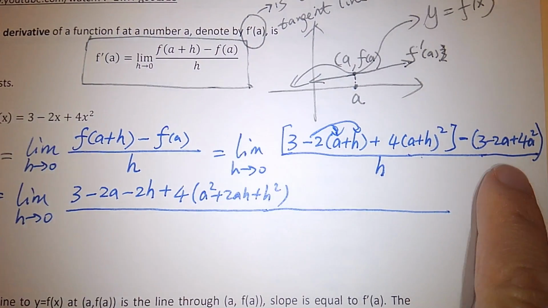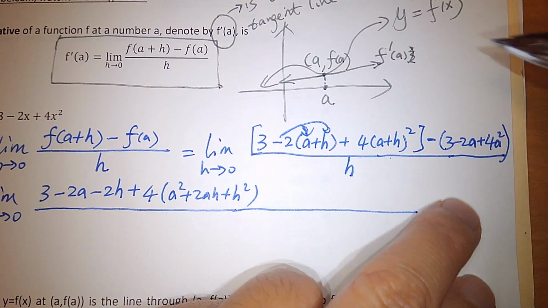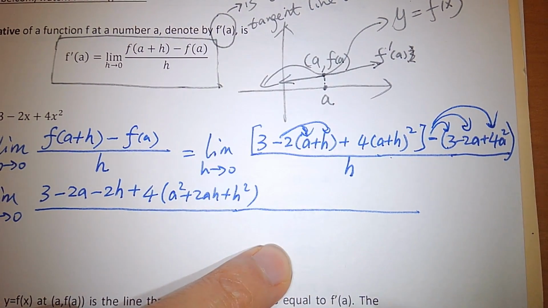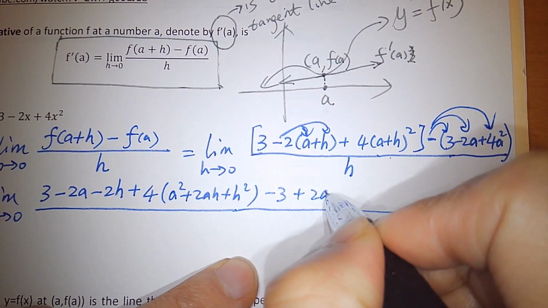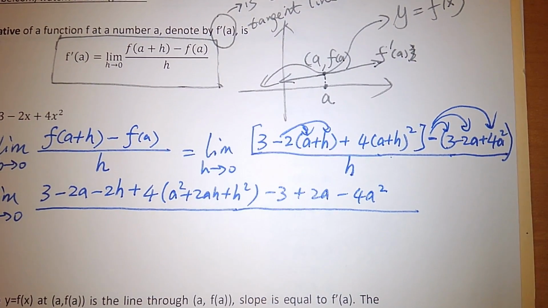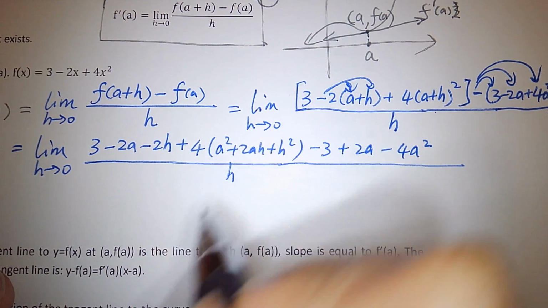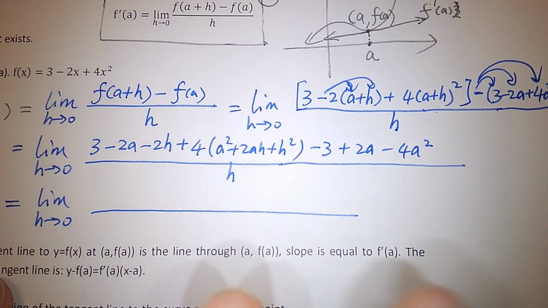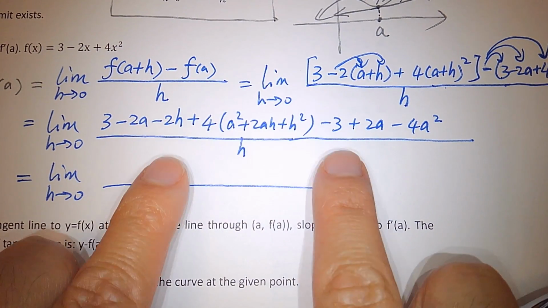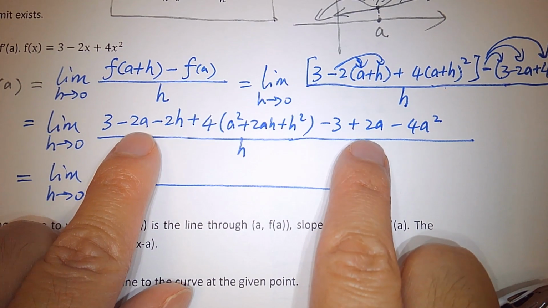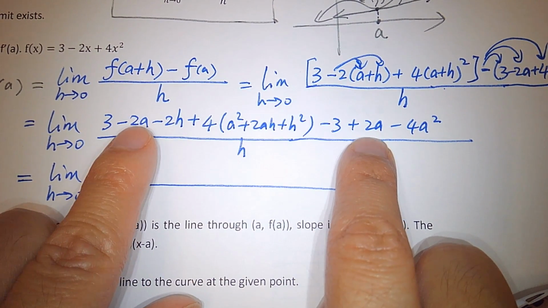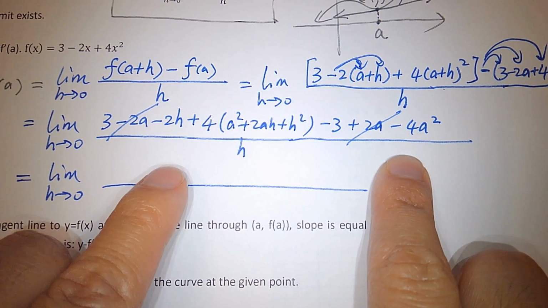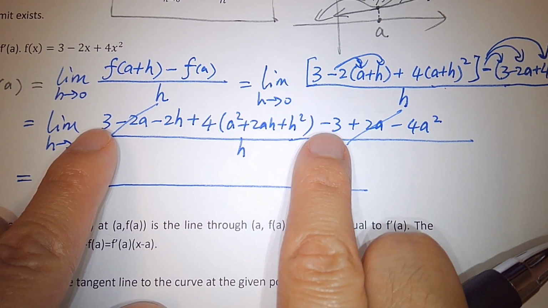And then minus this, so distribute the negative 1 to each term inside the parentheses, giving negative 3 plus 2a minus 4a squared, and then divide by h. So this equals the limit as h approaches 0, and let's see how we can simplify this whole thing. Can we combine some like terms? Negative 2a, positive 2a, gone. And then we have 3 minus 3, right?